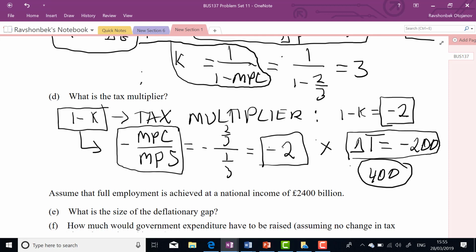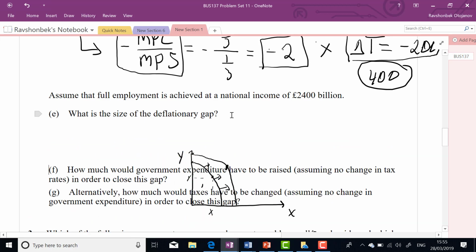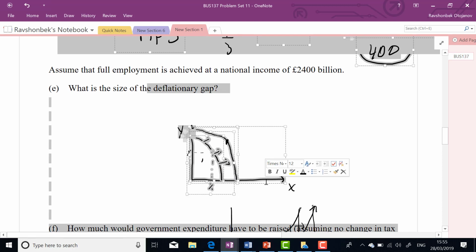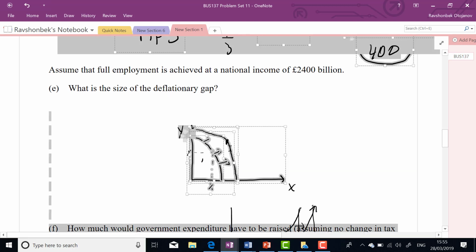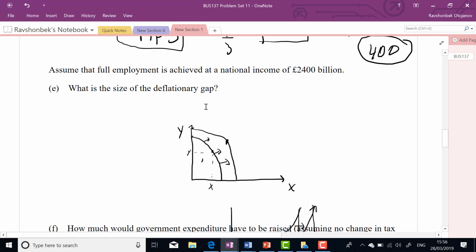Okay, now this question is a little trickier. Almost time. I will just clean this up. Yeah, I deleted everything. How do we do it?